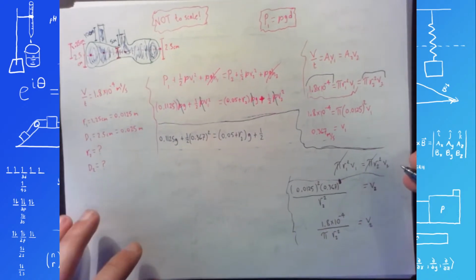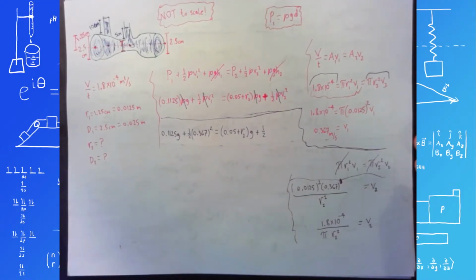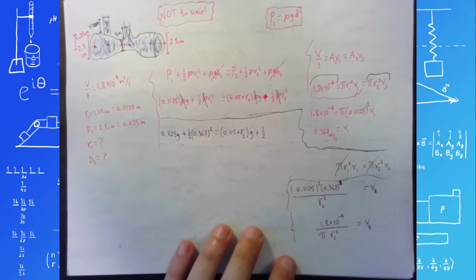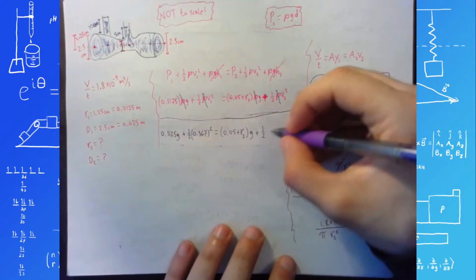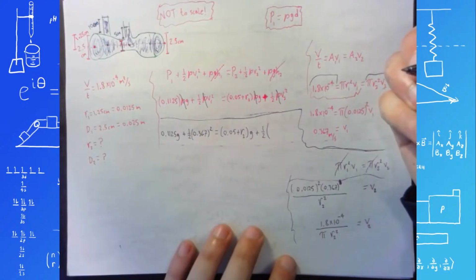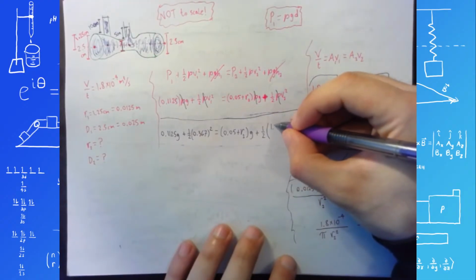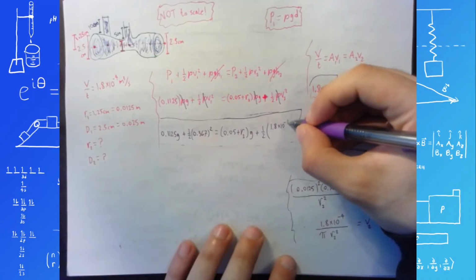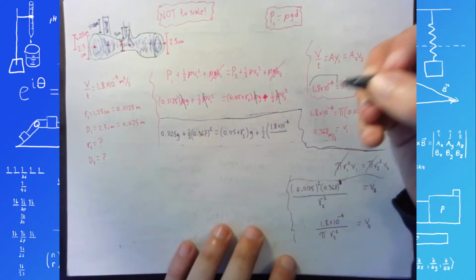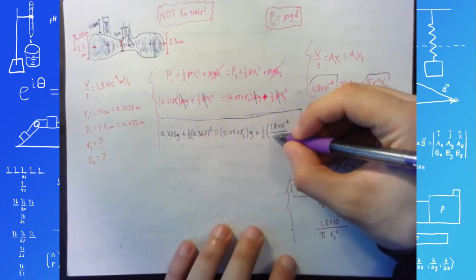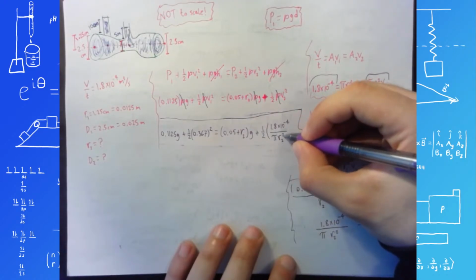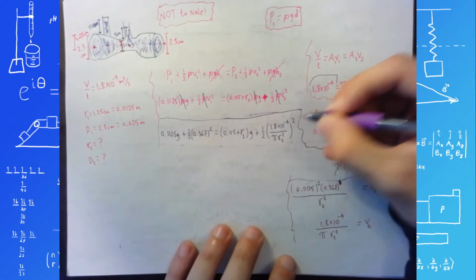Okay, and I think this would be the safer one, since again, it doesn't rely on rounded pre-calculated results. So this is what I will actually use. So this squared, 1.8 times 10 to the negative 4 over pi R2 squared, and then that squared.